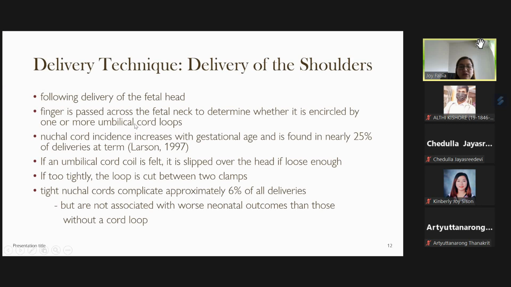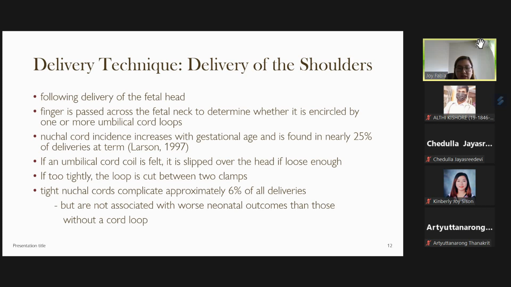The incidence of nuchal cord increases with gestational age and is found in nearly 25% of deliveries at term. If an umbilical cord coil is felt, you just slip it over the head to loosen it enough. If it is too tight, the loop is cut between two clamps.